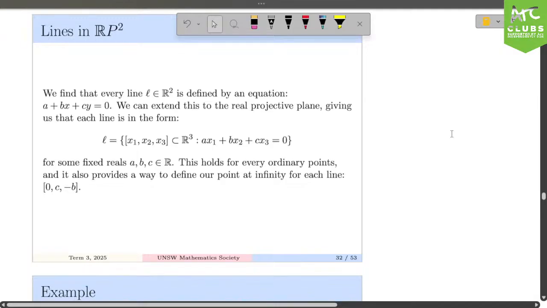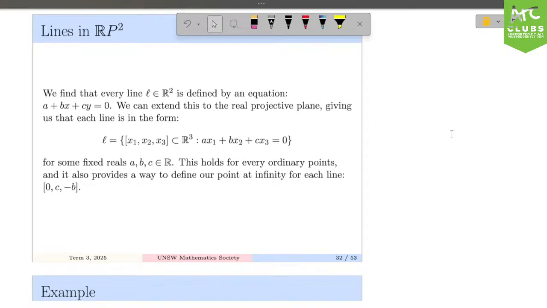So you probably recognize that in R2, we can define any line as an equation of the form a plus bx plus cy is equal to 0.